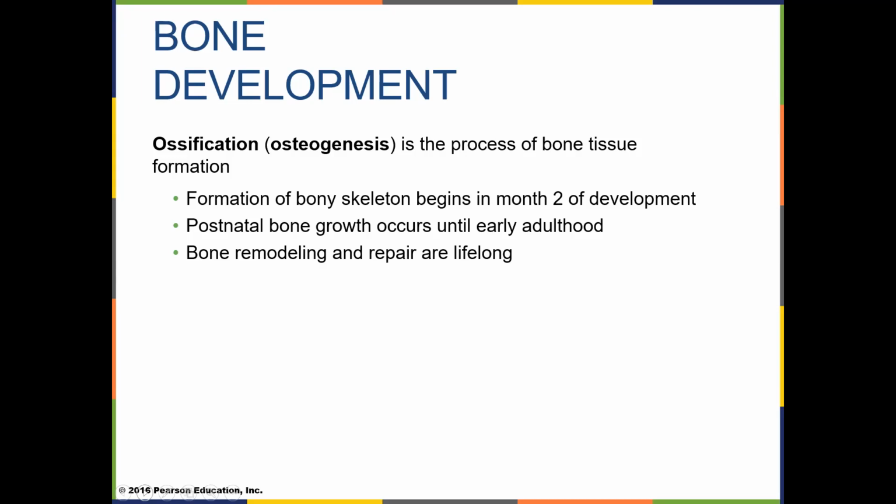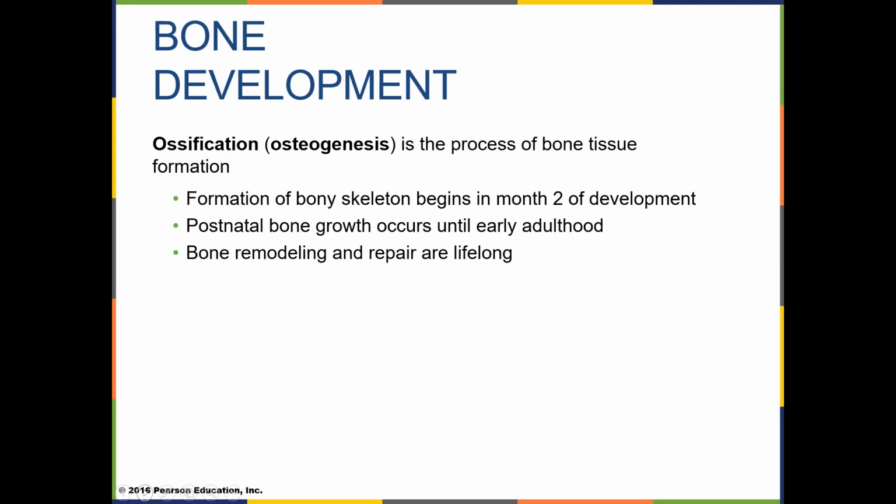Once that skeleton's in place, we are about 6 weeks old, 6 weeks from the point of conception. We're about 1 inch in length, and we have a full skeleton in place. And then we begin the process of ossification. That is, converting that cartilage and membrane skeleton into a bony skeleton.